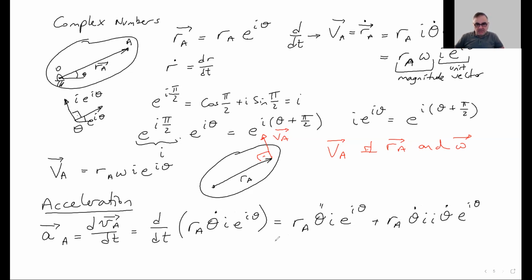Which you can write as RA theta double dot i e to the i theta, and i times i gives you i squared, which is minus 1, so minus RA theta dot squared e to the i theta.